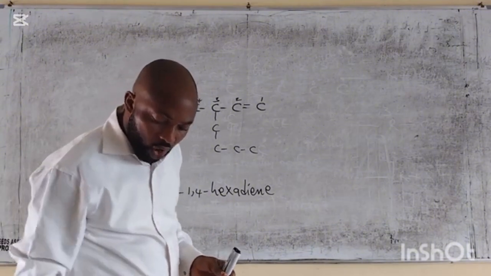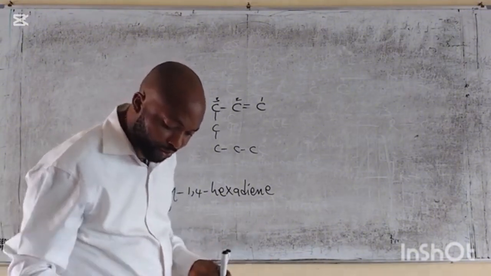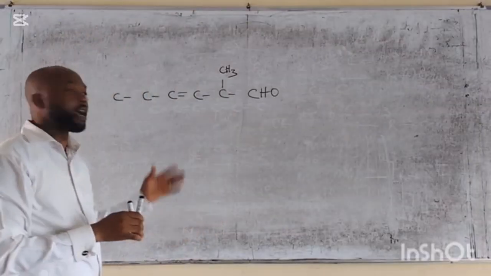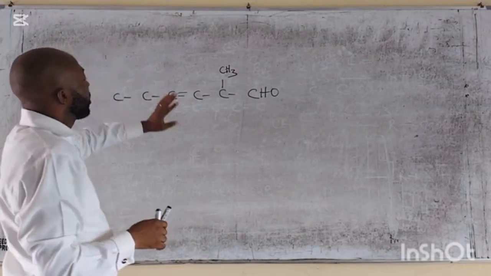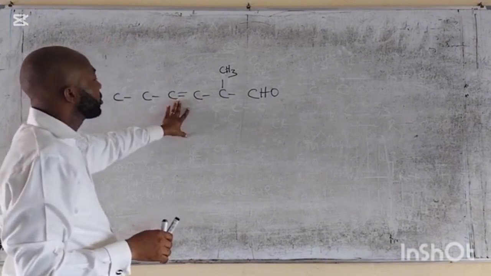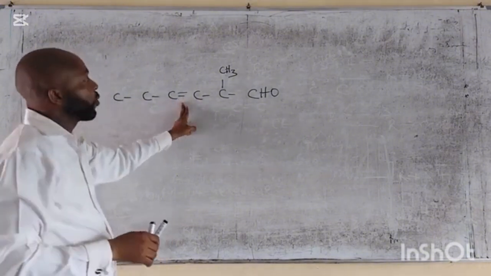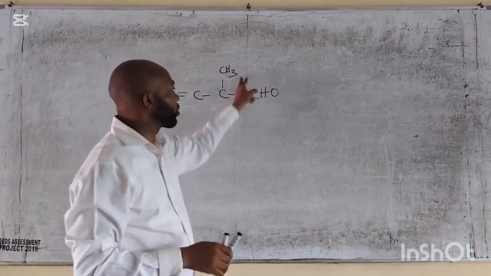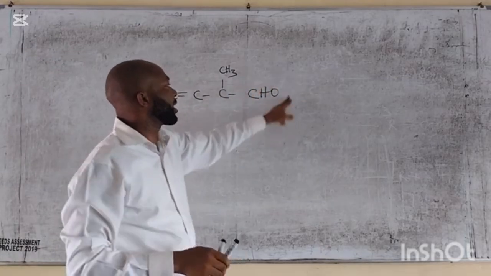Now, let's look at the one that contains a functional group. So if you look here, you see that we have a double bond, which is an alkene. We have an aldehyde, an alkanal functional group.